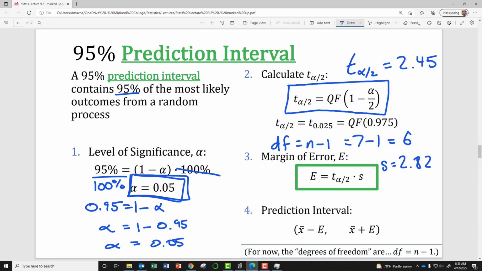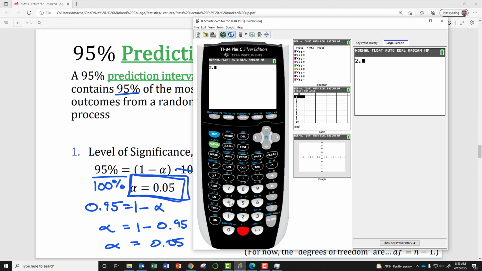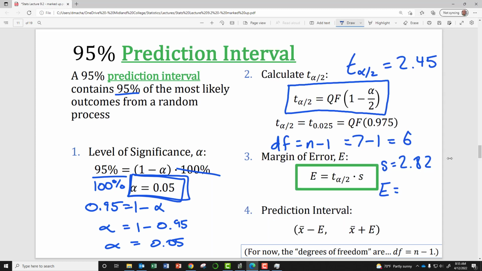And then my margin of error is just going to be 2.45 times 2.82. So we get 2.45 times 2.82, and that's going to be 6.91.